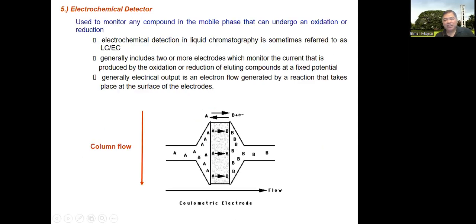Now, the electrochemical detector is used for those that can undergo redox. So this is like electrochemistry placed in chromatography. This is the good thing with separation techniques. Once you separate, you can have a detector.